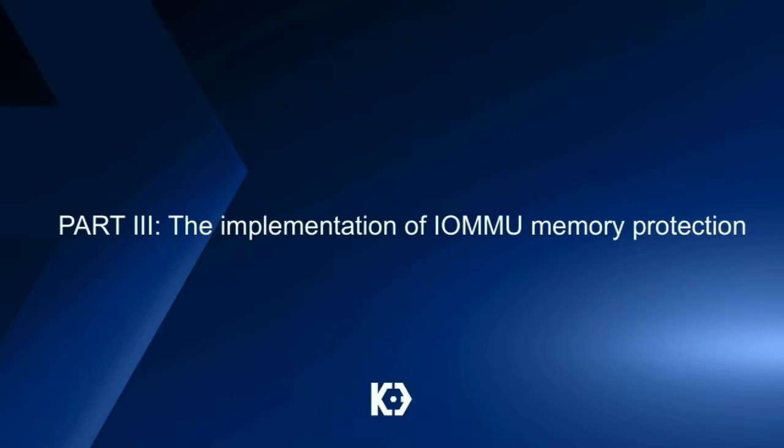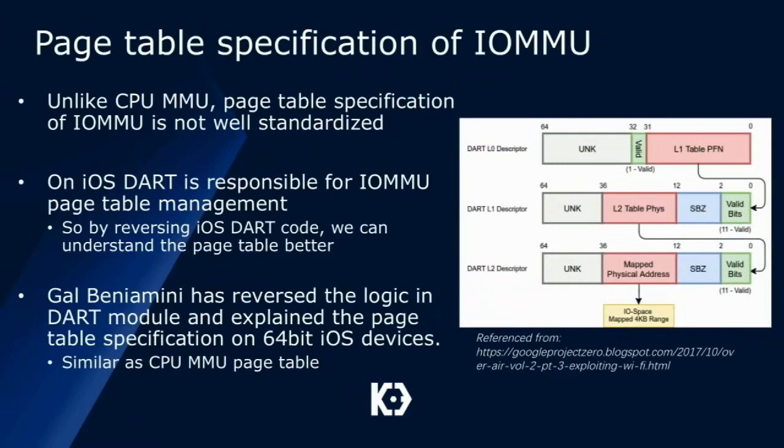Okay, so the next part I will cover is the IOMMU memory protection. Similar to the system MMU page table, the IOMMU also needs a page table specification. However, unlike the CPU MMU, the page table documentation for the IOMMU is not available.